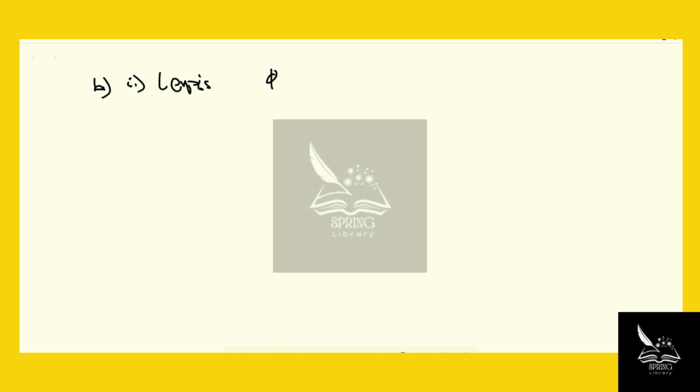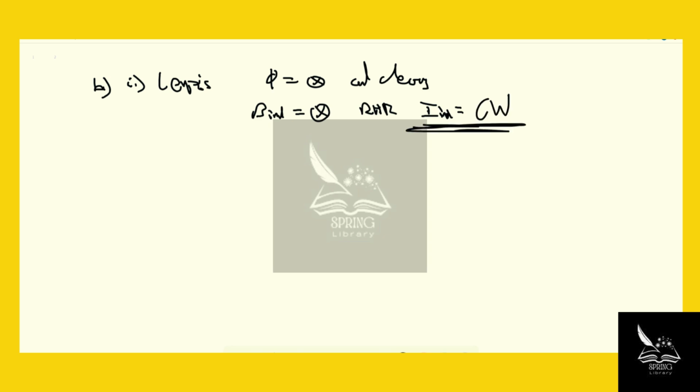So in our case here, we have a flux that is into the page and decreasing. If that's decreasing, we want to oppose that change, so the induced B field is also into the page. If we do right-hand rule, what current induced will give a B field into the page? That's clockwise.